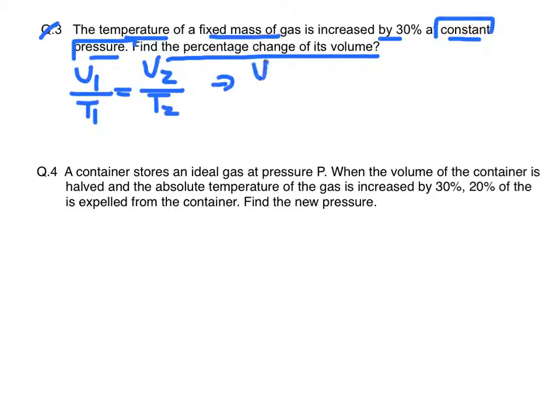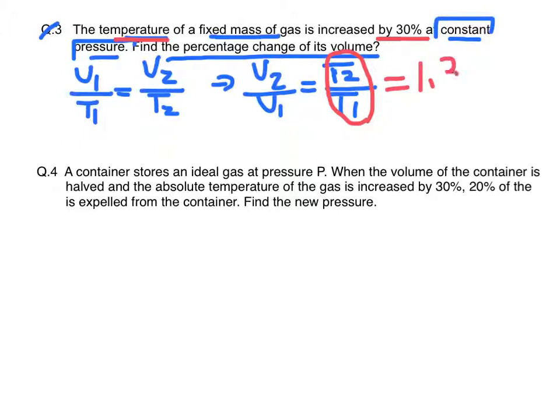Therefore, V2 over V1 equal to T2 over T1. Since the temperature is increased by 30%, that means T2 over T1 equal to 1.3. That means V2 over V1 equal to 1.3.